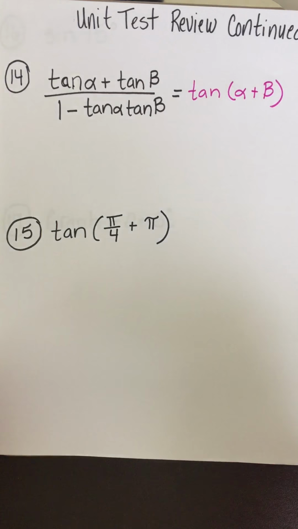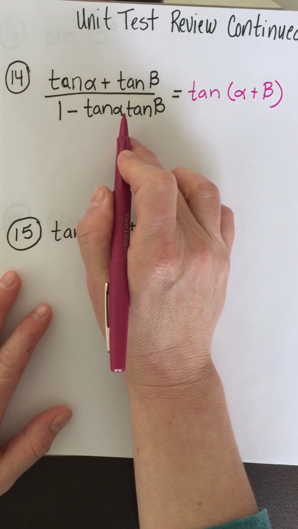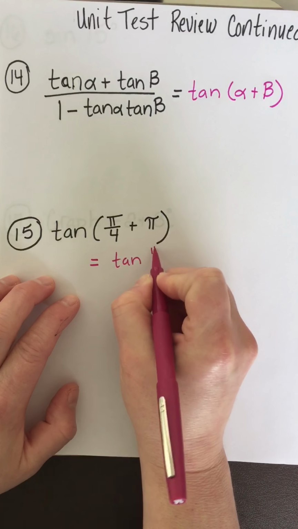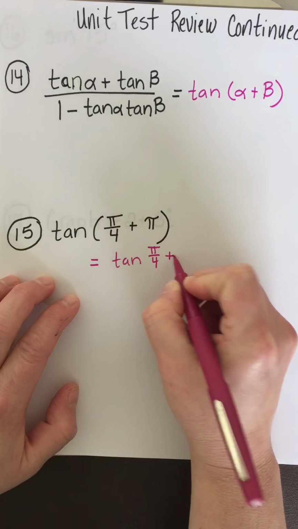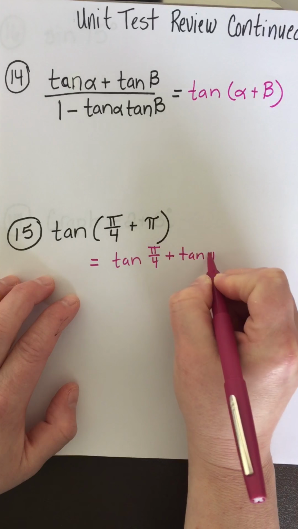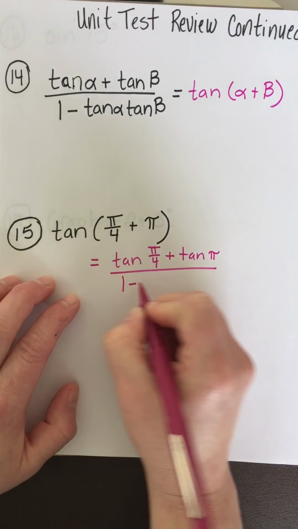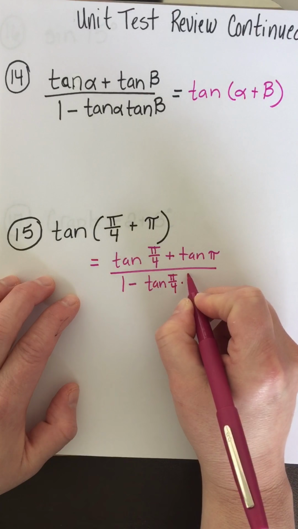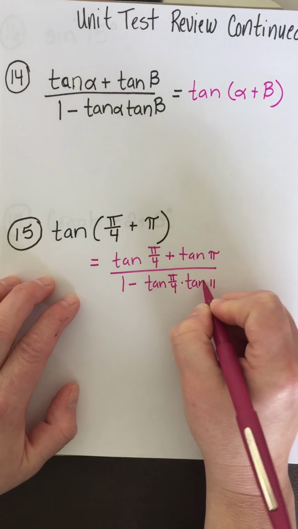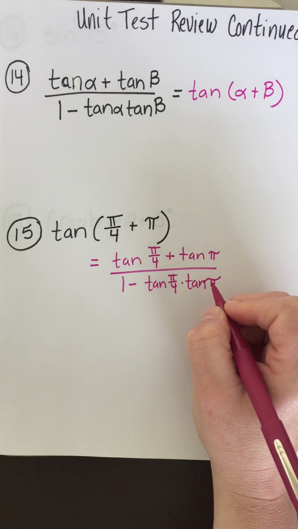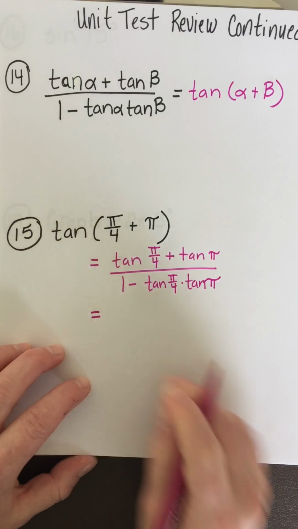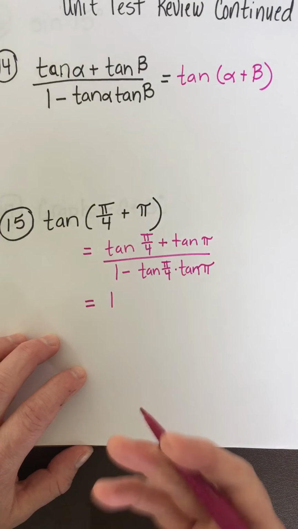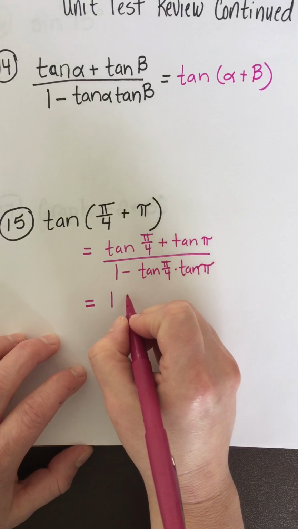They want us to actually use this formula, so I'm going to use the formula here and fill it out. So this would be equal to the tangent of pi over 4 plus the tangent of pi divided by 1 minus the tangent of pi over 4 times the tangent of pi. And then we're going to fill these values in off the unit circle. So the tangent of pi over 4 would be 1, because that's the square root of 2 over 2 over the square root of 2 over 2.